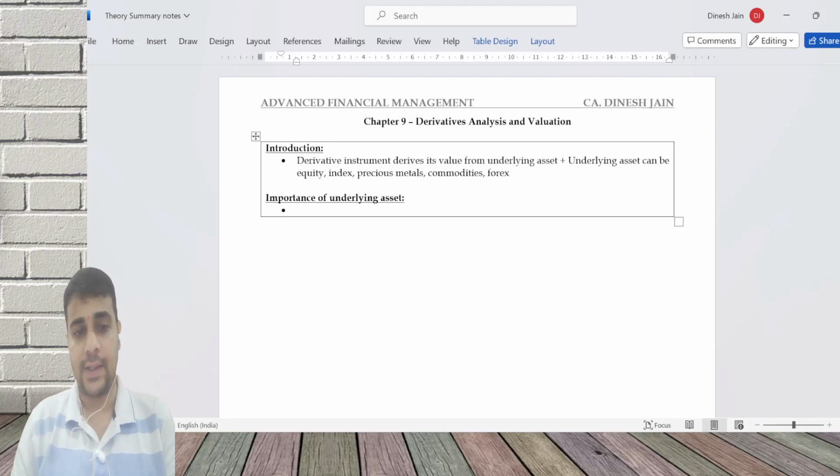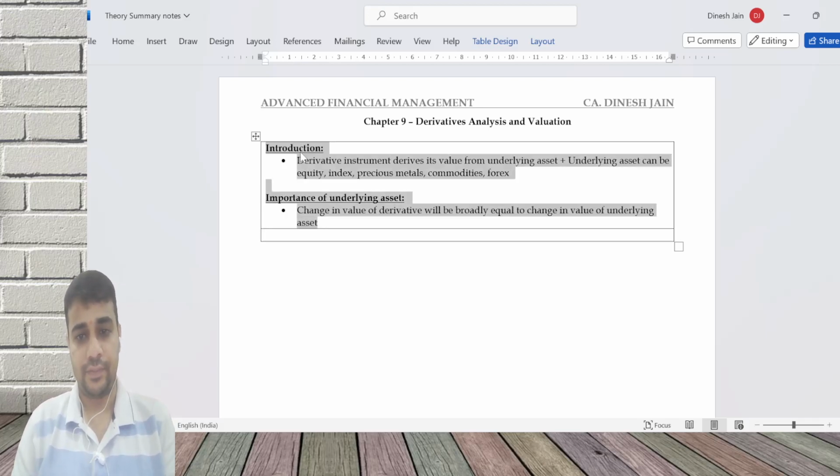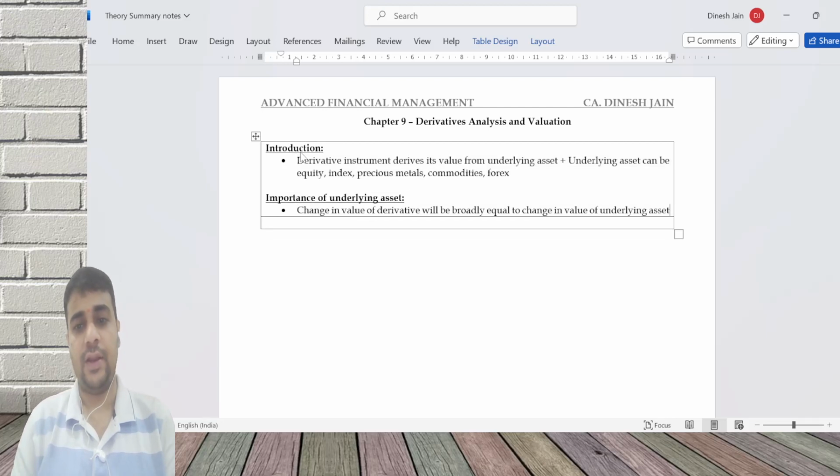Importance of underlying asset: change in value of derivative will be broadly equal to change in value of underlying asset.